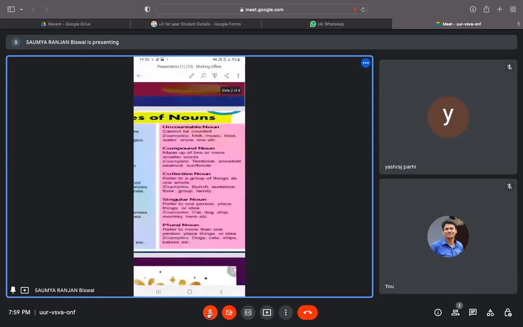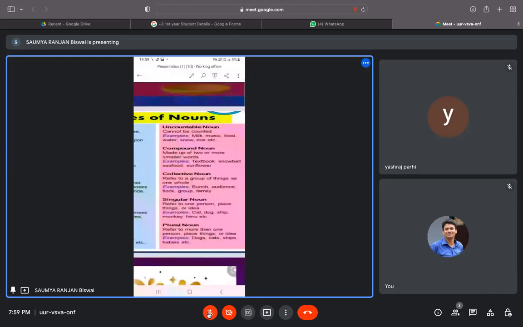Compound noun. What is the meaning of compound noun? It is made up of two or more smaller words. Example, you can take textbook, snowball, seafood, sunflower.